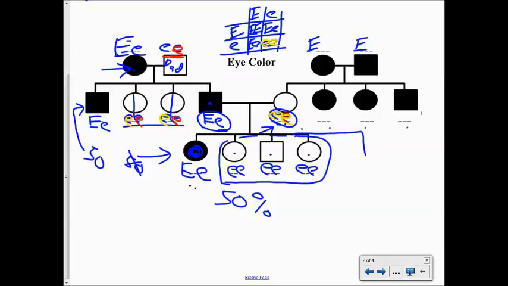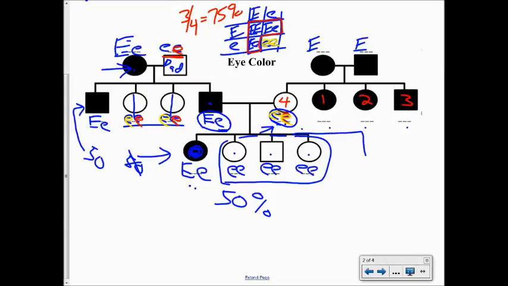And the remaining ones, all of these, show the dominant trait. When 3 out of 4 show the dominant trait, that's 75%. That's exactly what we see here. 1, 2, 3 out of 4 show the dominant trait.